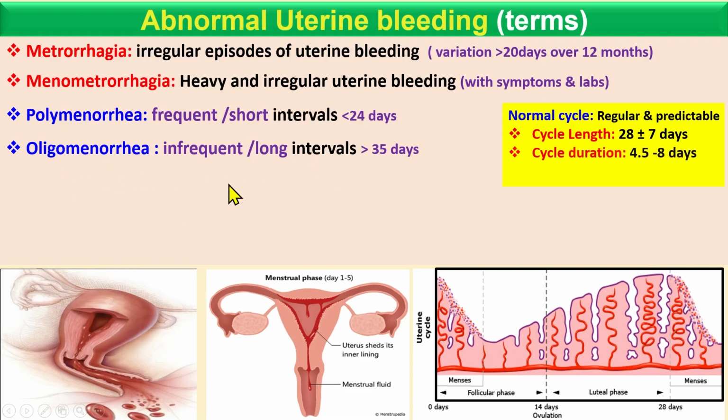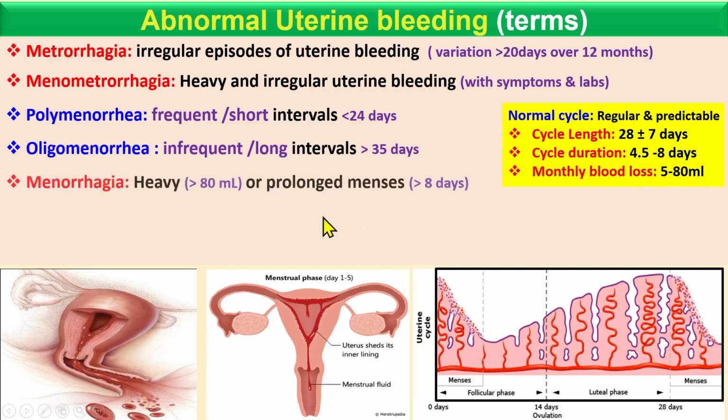Okay, and the next characteristic is the cycle duration, from when the menses start to when the menses end. It should normally be 4.5 to 8 days, and the monthly blood loss should be 5 to 80 ml.